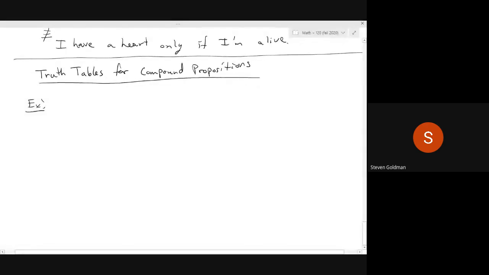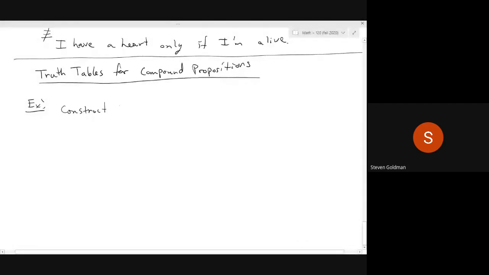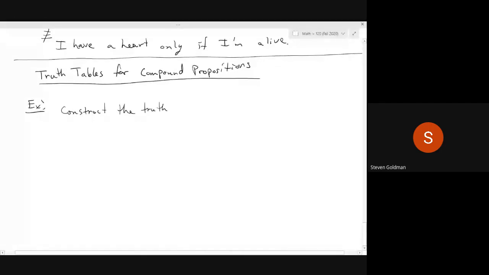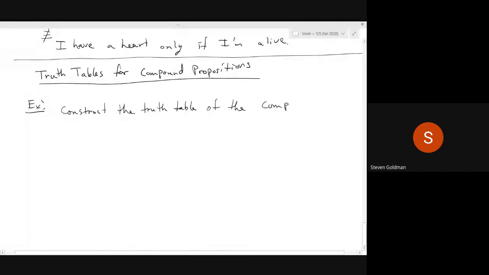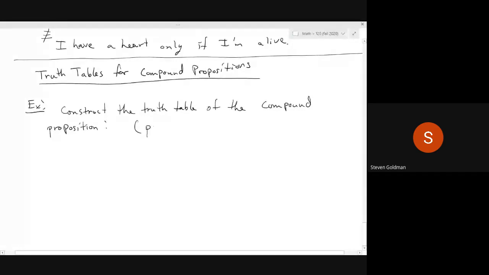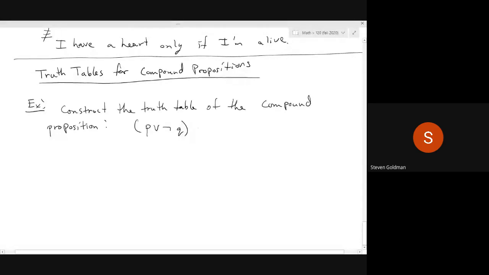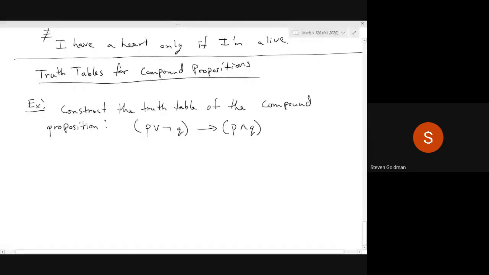Let's say I asked you to construct the truth table of the compound proposition. So here is a bit of a complex proposition. Our proposition is the statement P or not Q implies P and Q. I'm asking you to make a truth table for this compound proposition here.